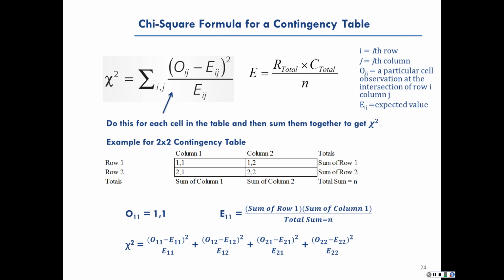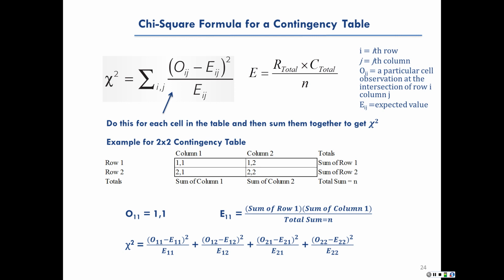Remember from the 2x2 contingency table, if we're talking about row 1, column 1, that would be the observation for that particular cell. From that O_ij, you subtract E_ij. The E stands for the expected value in that cell, and that's the real trick in this formula: calculating the expected values.